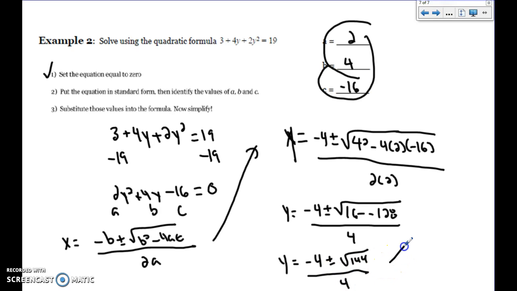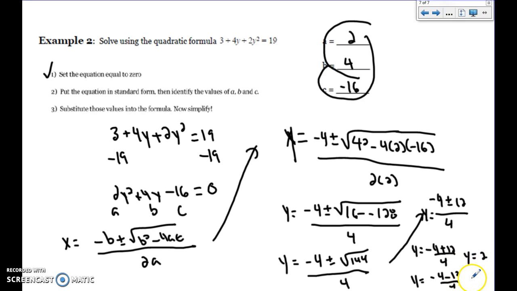If I simplify that, I get negative 4 plus or minus 12 over 4. And if I simplify that, I get y equals negative 4 plus 12 over 4, and y equals negative 4 minus 12 over 4. So I get y to be 2 and y to be negative 4.